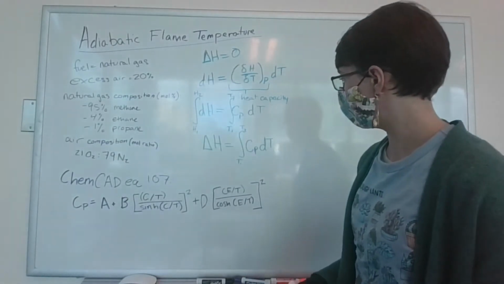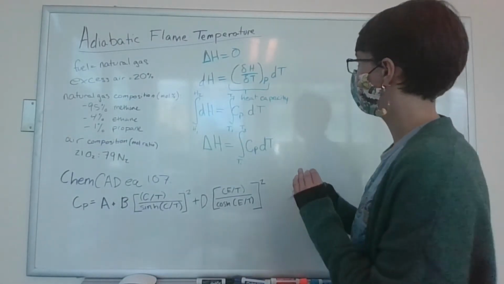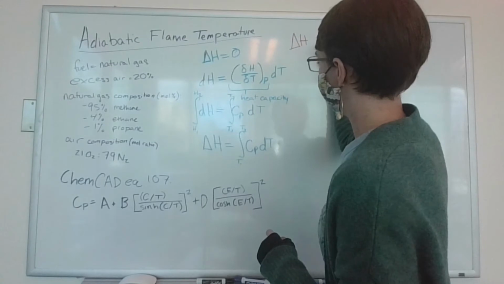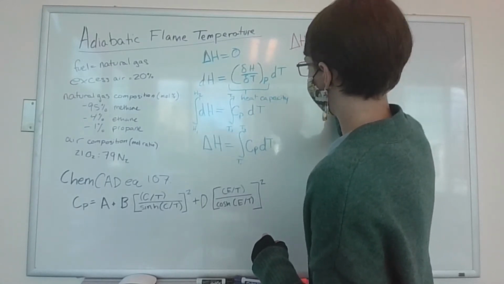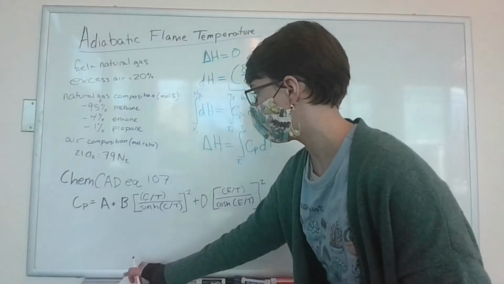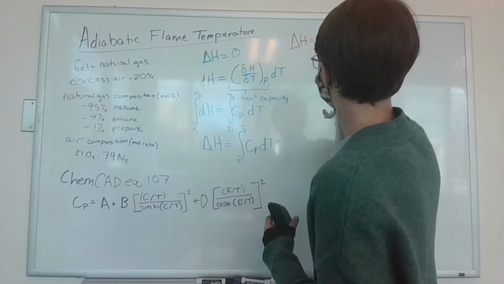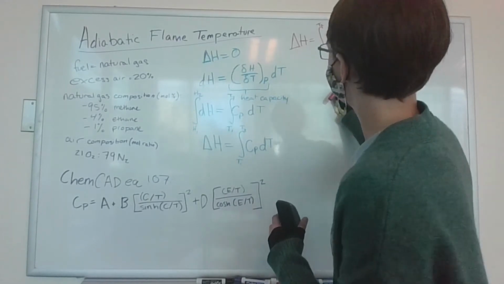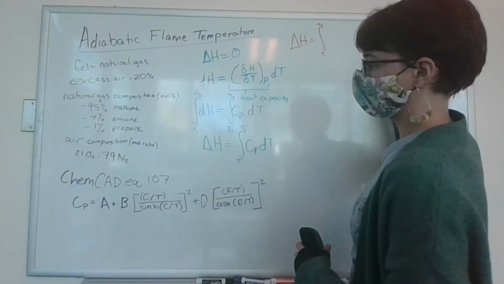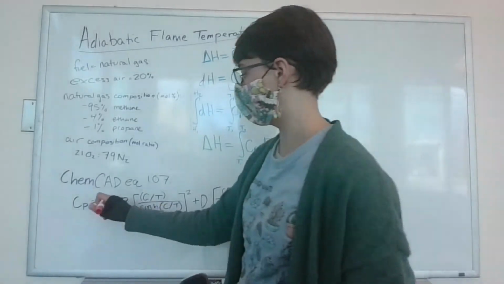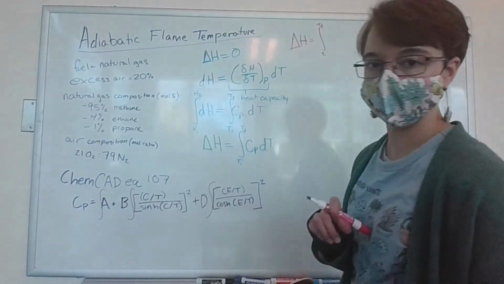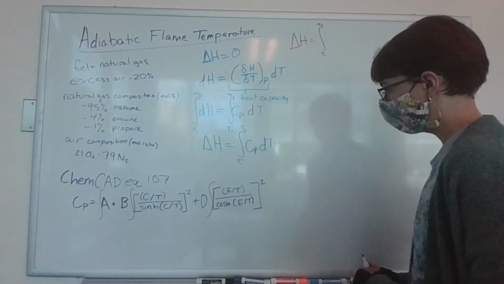So we can say that delta H, the change in enthalpy, is going to be equal to, and actually I'm going to split this up, so I don't write this all inside one integral. I'll split up the integrals by terms, so one there, one there, and one there, and I'm going to write it like that up here.